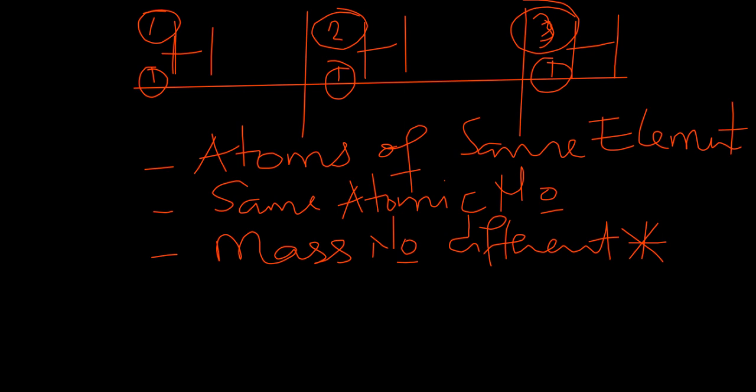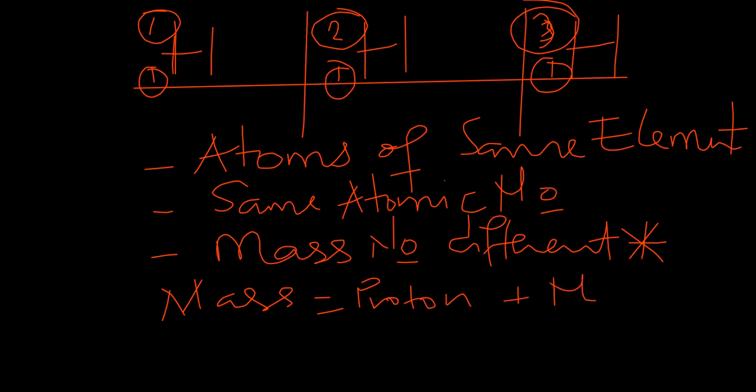But the point is this: what do you think is resulting in this difference in mass numbers? Well, because we do not have time, let me quickly run through this. Remember that mass numbers are gotten whenever you add proton numbers or atomic numbers to neutron numbers.